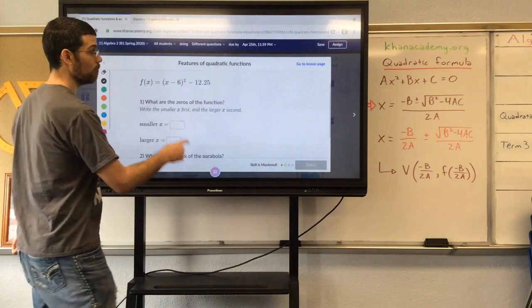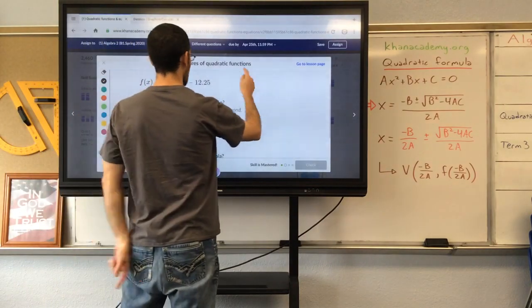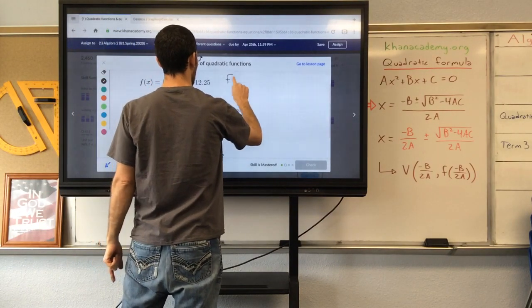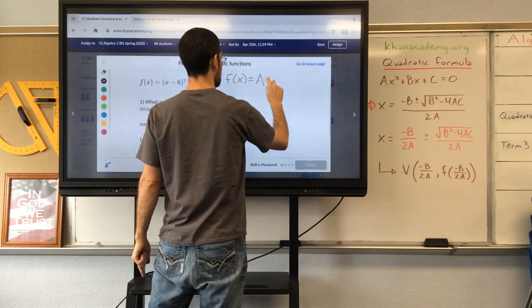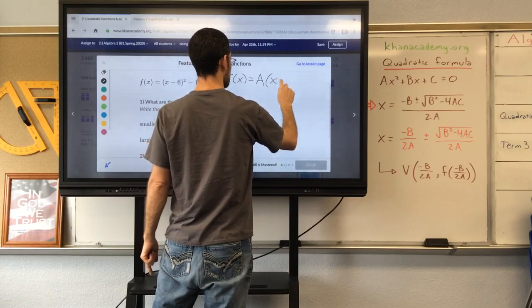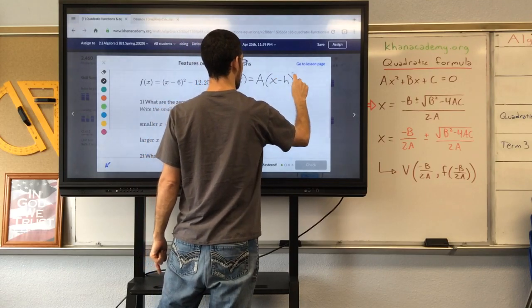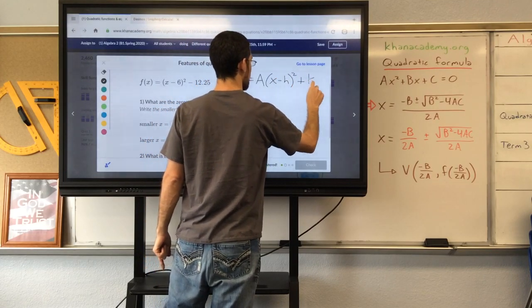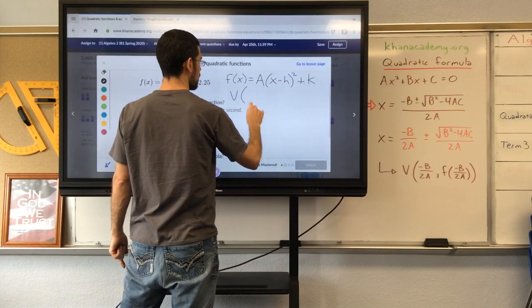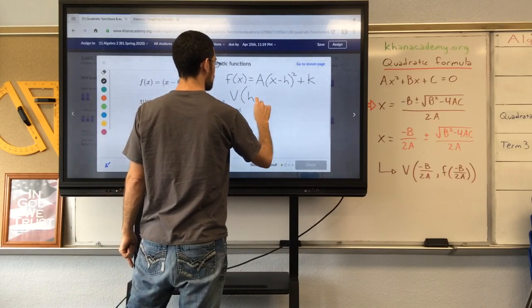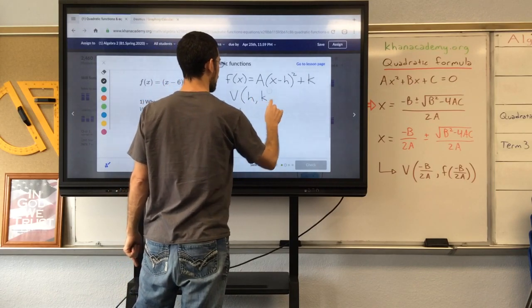Remember, the vertex form of our equation is f of x in general is a, some constant, times x minus h squared plus k. And when you're in this format, the vertex is located at h, comma, k.